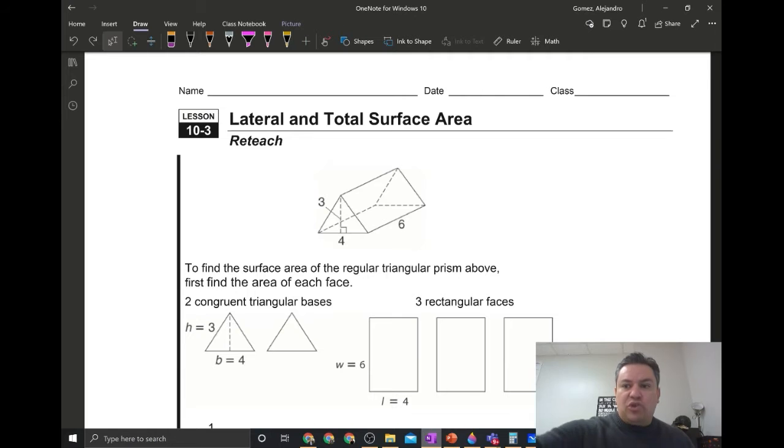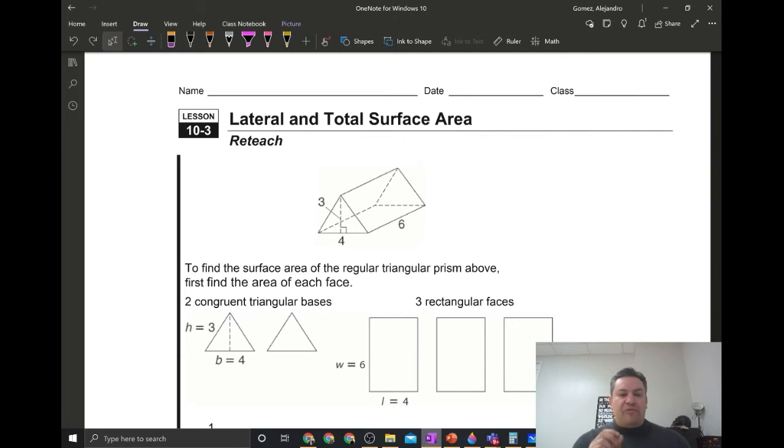Now, if you have a triangular pyramid, like this one, you have a triangle face, and then 3 rectangles for your bases. Same scenario, you find the area for one of the triangles, find the area for one of the rectangles if they are the same, and then just add them up.